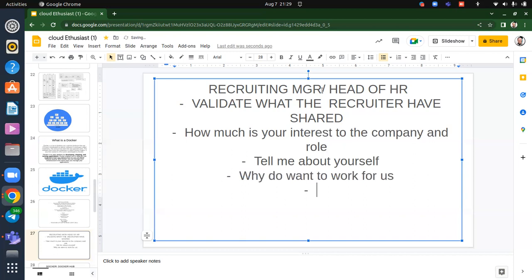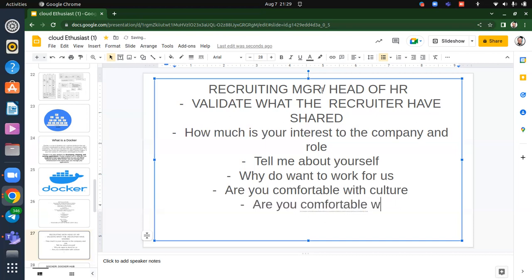Are you comfortable with the culture? With culture, meaning, are you ready to relocate, or are you ready to do a remote job, or are you ready to come to the office? Then they will still ask you, are you comfortable with the JD?